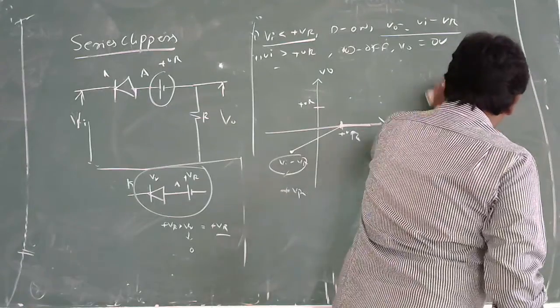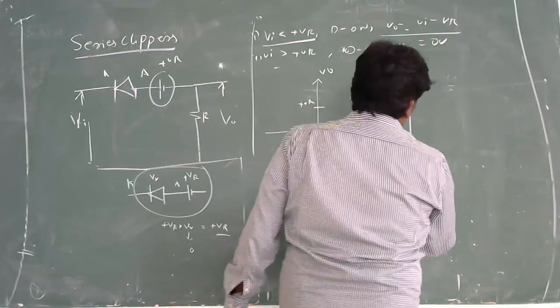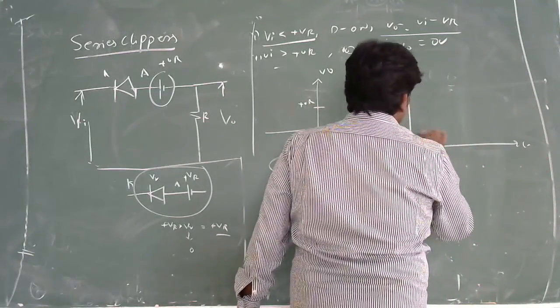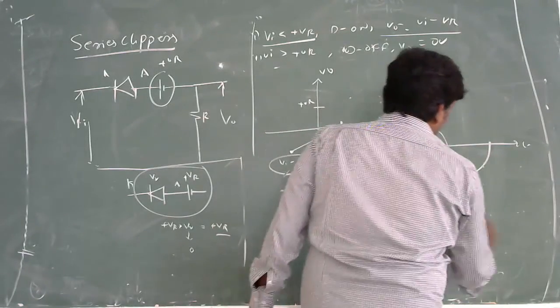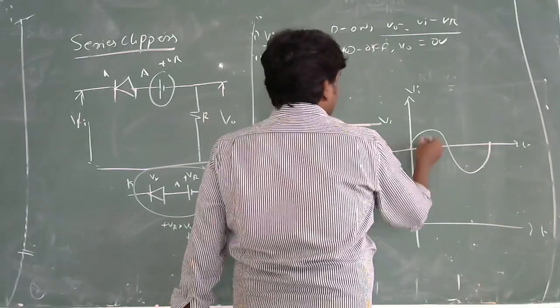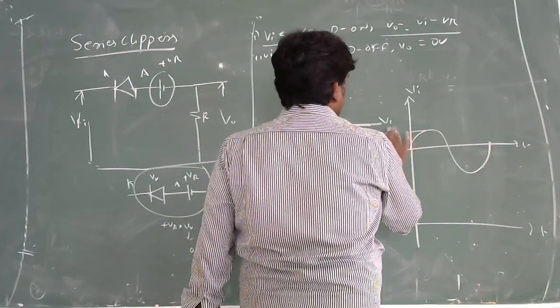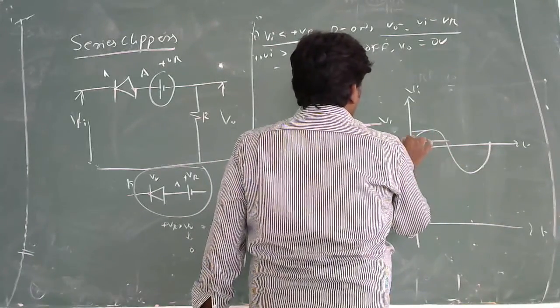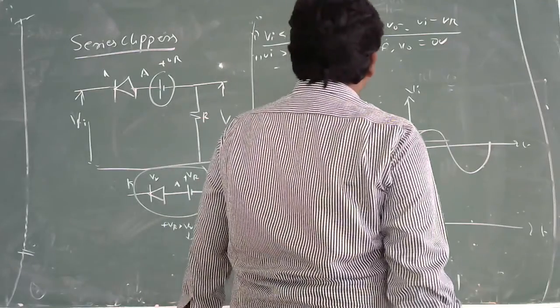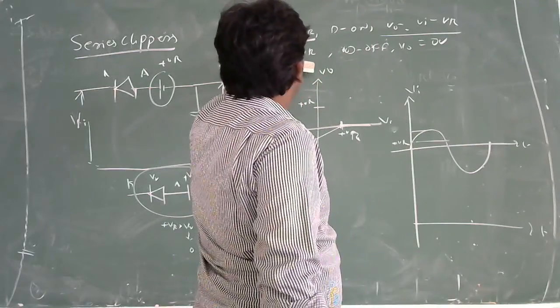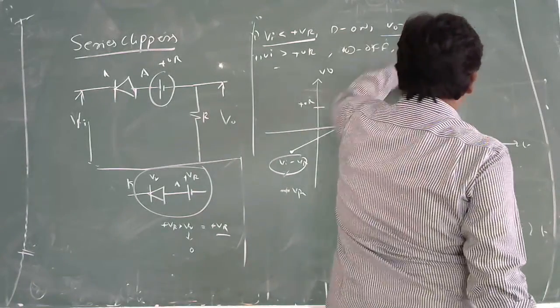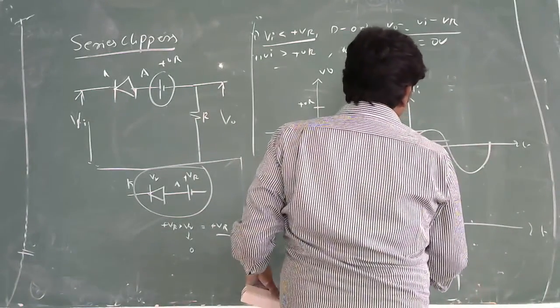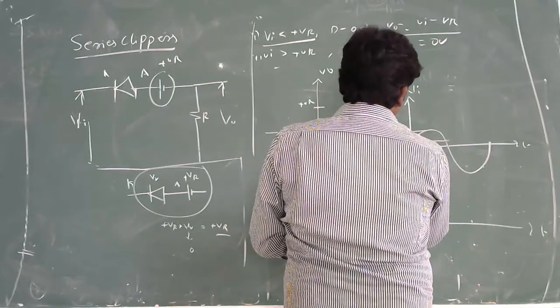How are the input and output related? Input and output relationships are like this, with positive cycle and negative cycle. This one is VI, and we have the time axis T, and this one has the plus V reference voltage. When VI is less than VR, then the output follows VI minus VR. Just observe here, like this.